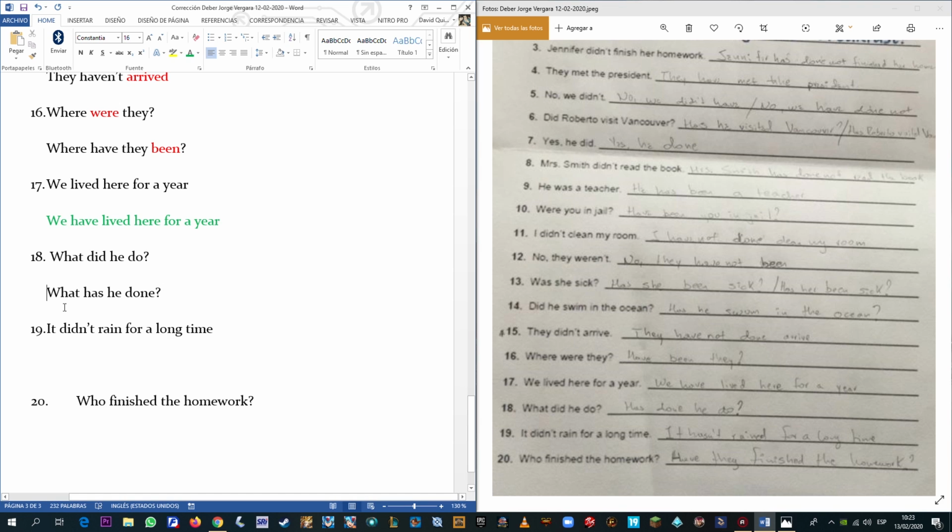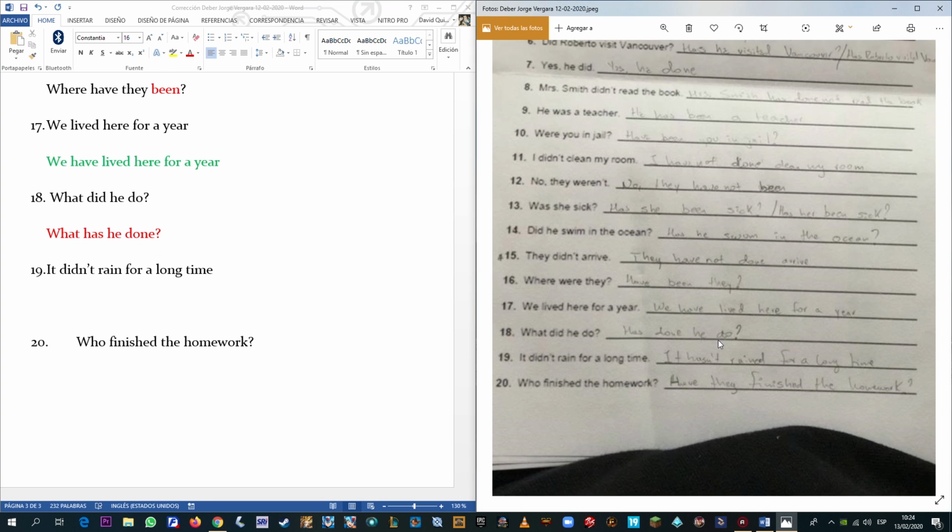Here in this question, we should change did to has. We have to change the auxiliary verb. We have to keep the same personal pronoun, and do has to be changed to done, because done is the past participle form of this verb. Then we highlight this with red because all the sentence needed a correction.